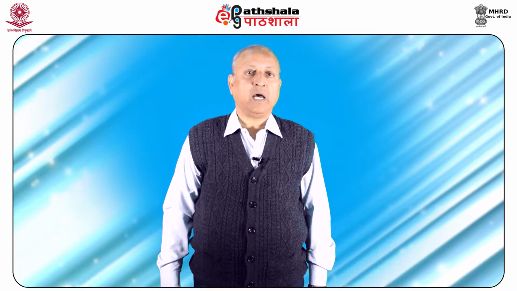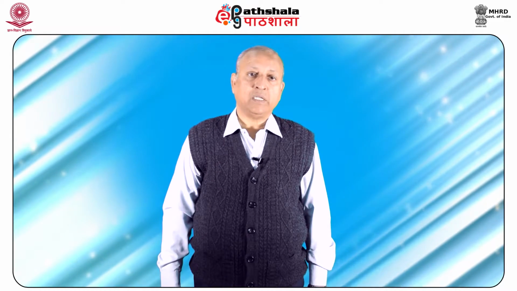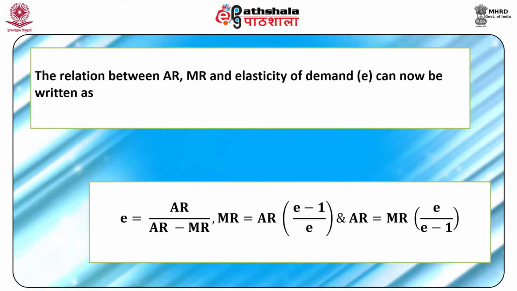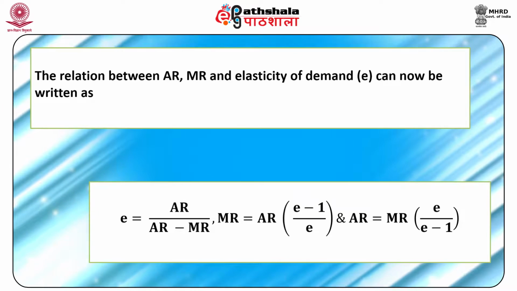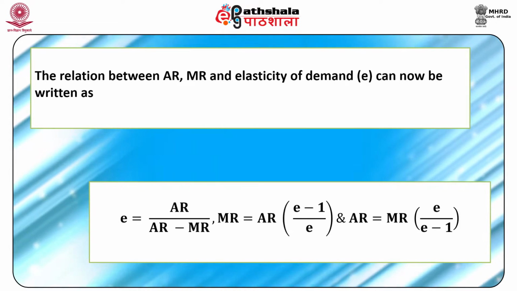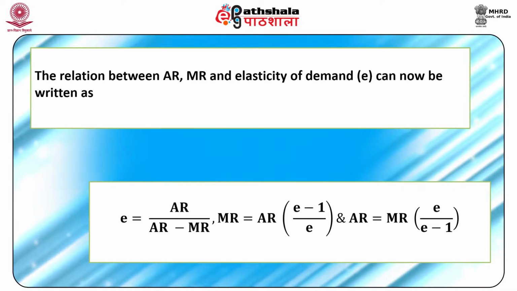So these are interchangeable equations in which we can at one time look at the relationship in terms of AR, and at a different point we can look at it in terms of MR.